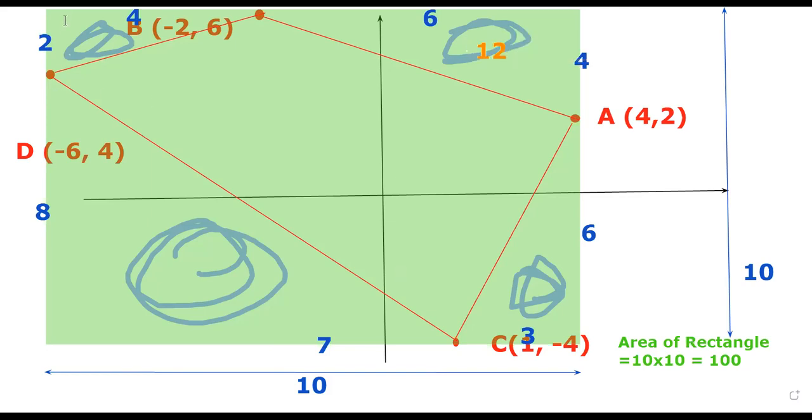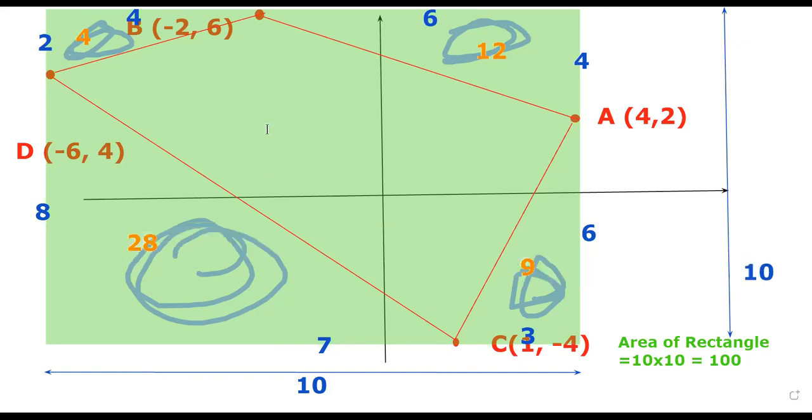For the upper left-hand corner, it's 2 times 4 divided by 2, which is equal to 4. The bottom left-hand corner will be 7 times 8 divided by 2, which is 28. And finally, it will be 3 times 6 divided by 2, which is equal to 9.